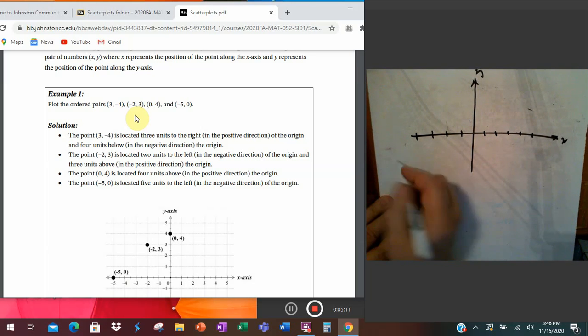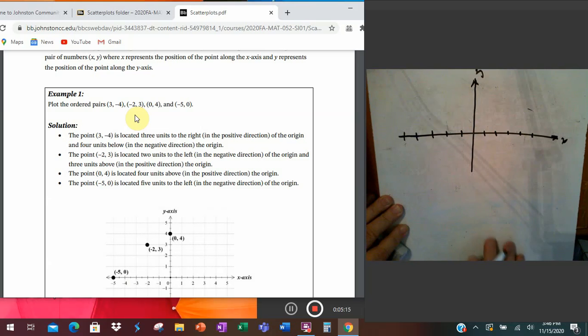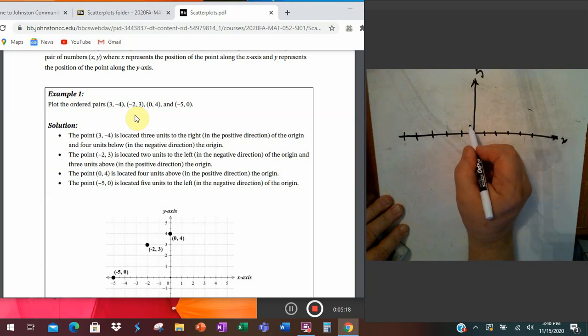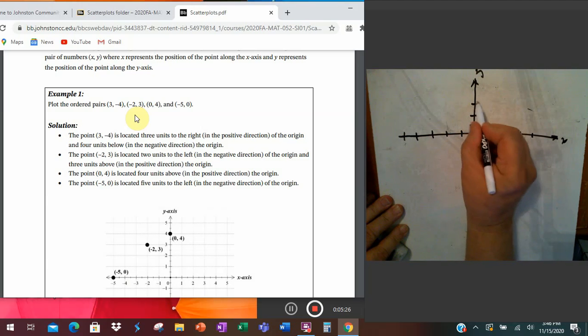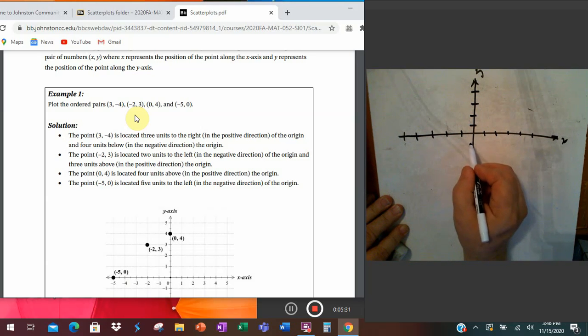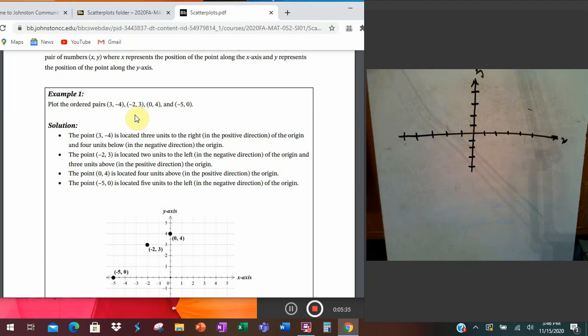How far do I need to go? I need to go one more as -5 when I'm looking at my data over on my sheet. And I need to go up 4. 1, 2, 3, 4 is about all I'm going to need in the Y. And then -4. -1, -2, -3, -4.